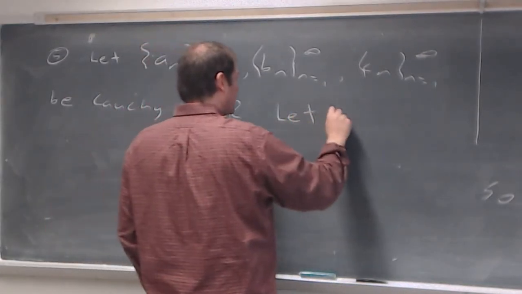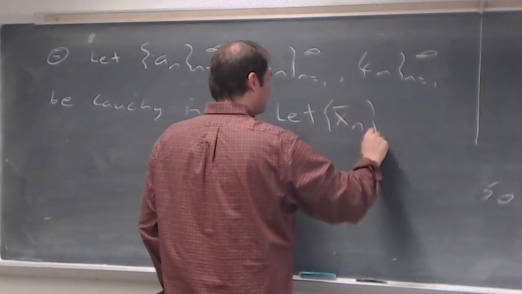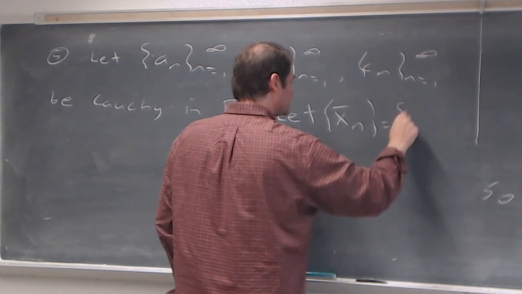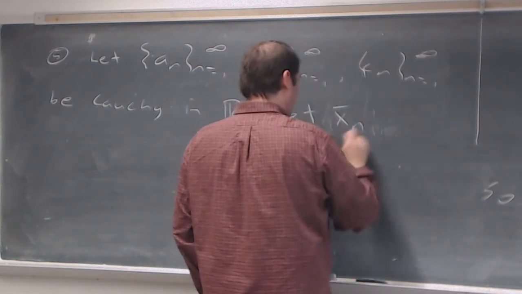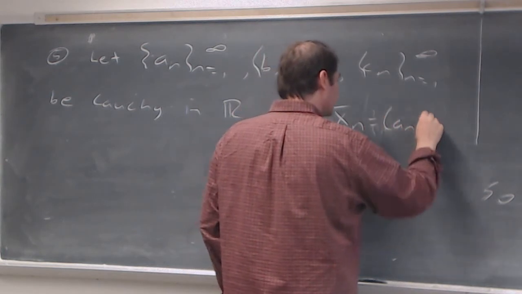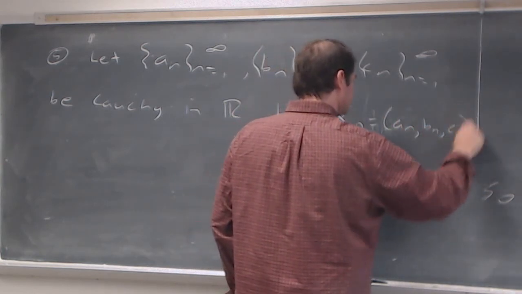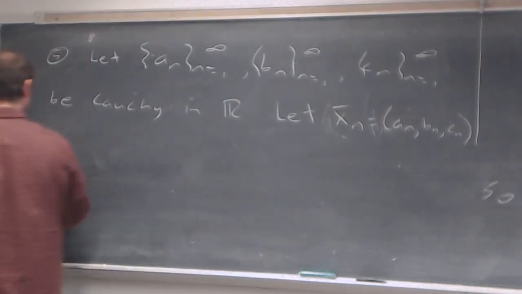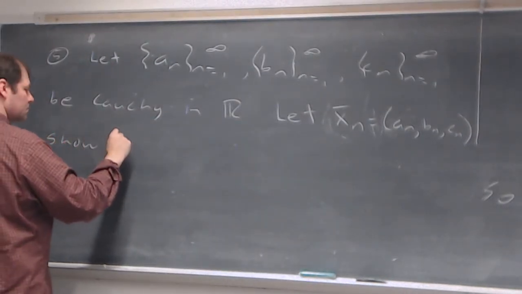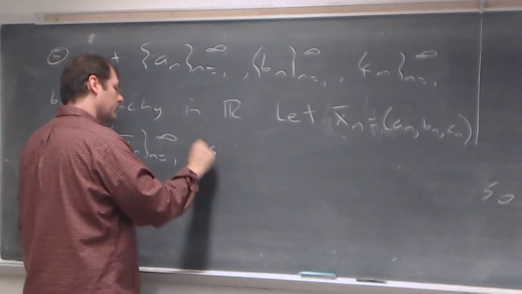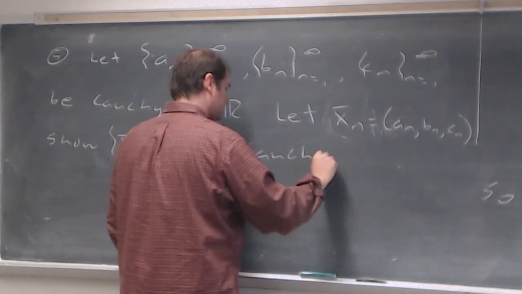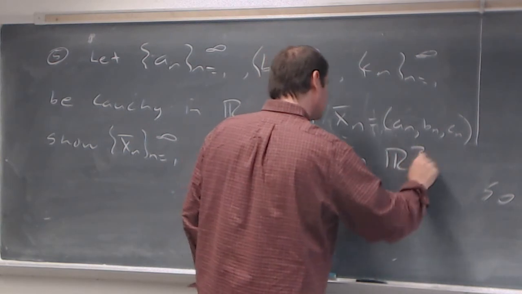Let x bar sub n be equal to the sequence A sub n, B sub n, C sub n. Show x sub n bar is Cauchy in R3.